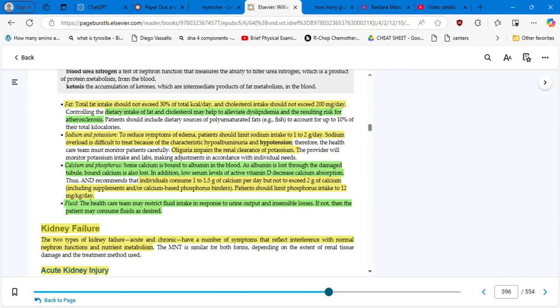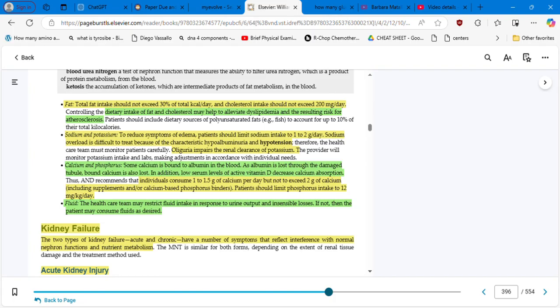Fat. Total fat intake should not exceed 30% of total kilocalories per day, and cholesterol intake should not exceed 200 milligrams per day. So limiting dietary intake of fat and cholesterol may help to alleviate the hyperlipidemia and the resulting risk for atherosclerosis.